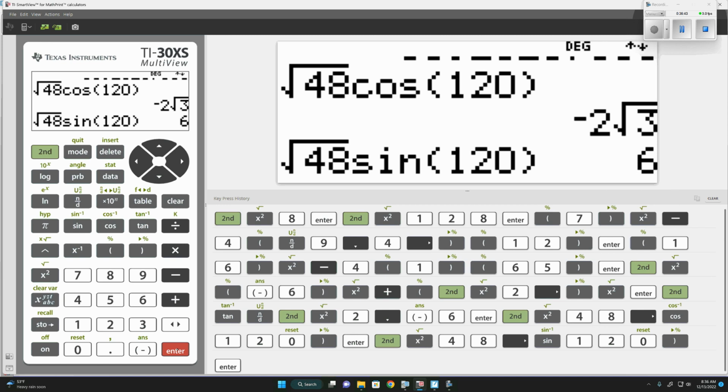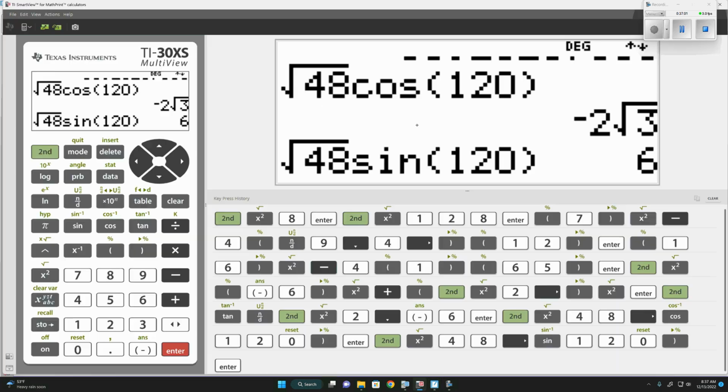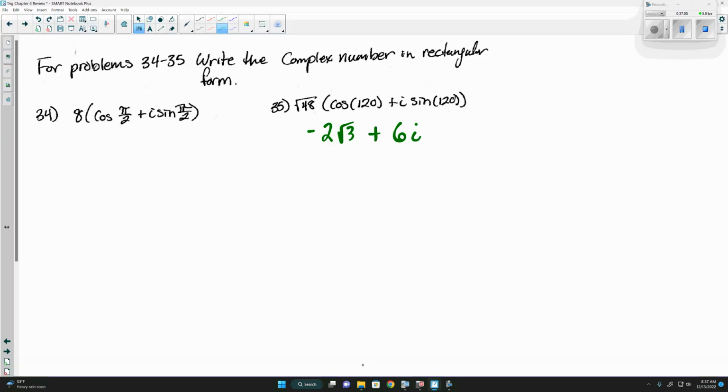So I'm just typing those in, because to go from polar to rectangular, we're really just typing in and evaluating sine and cosine. Negative 2 square root of 3 plus 6i. I did it in the 30XS just on the off chance we still had a radical.